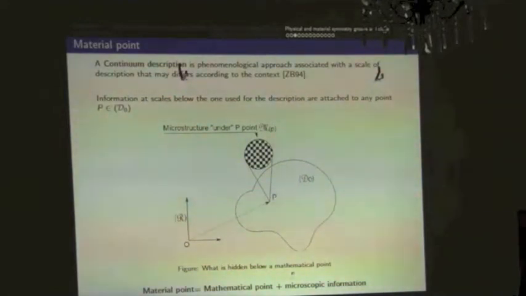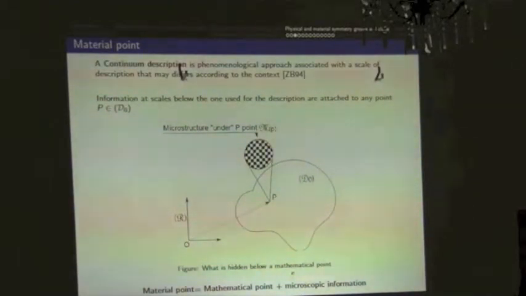And the size depends on what we are interested in. If you study concrete, the characteristic size of your macrostructure and microstructure will be different from if you study the behavior of steel or another kind of material or structure.